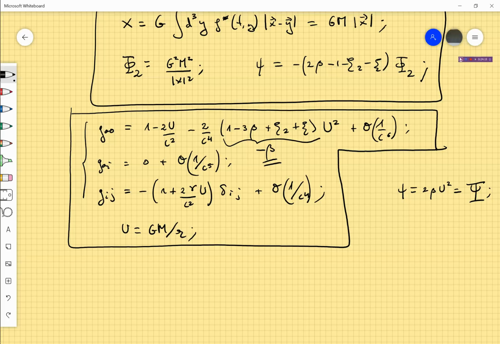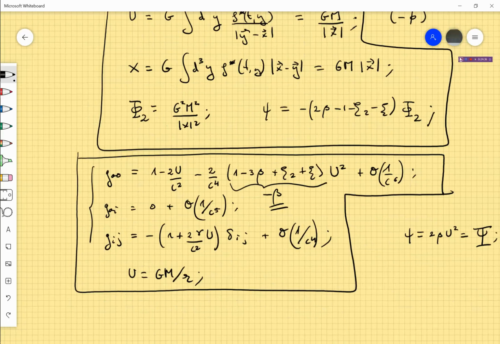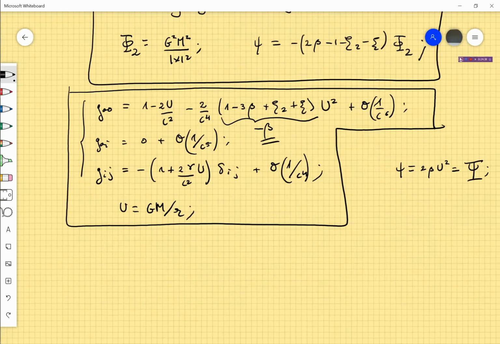And this is a quite good approximation, as we know. We could also incorporate other effects like oblateness and so on by using the appropriate modified rho star. Okay, but in this course we are going to consider only this spherically symmetric field.